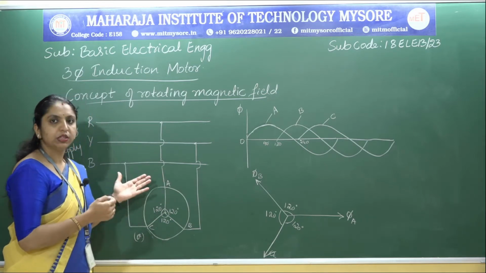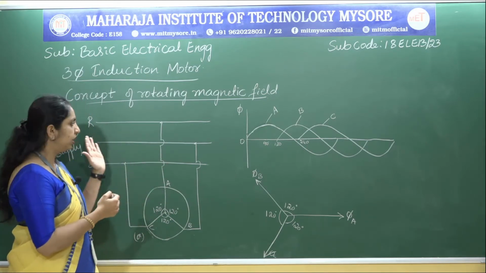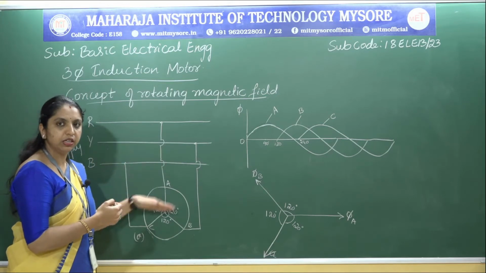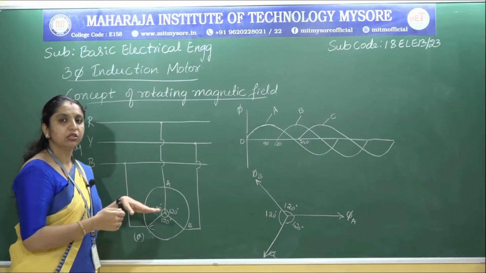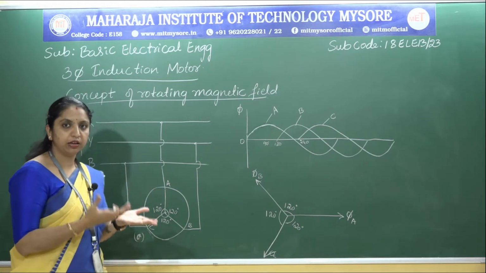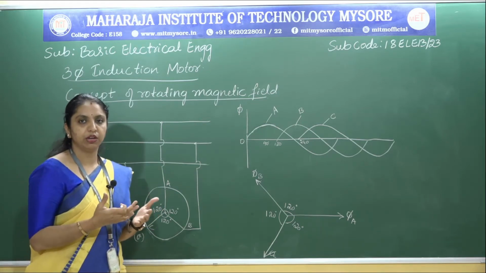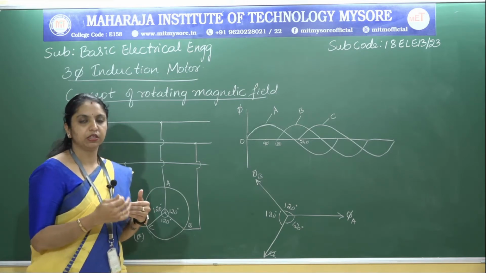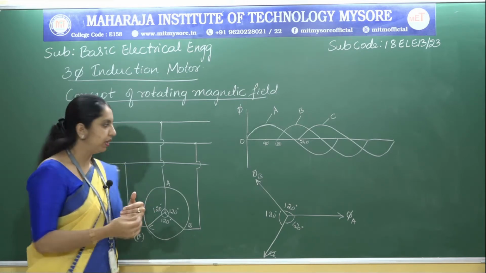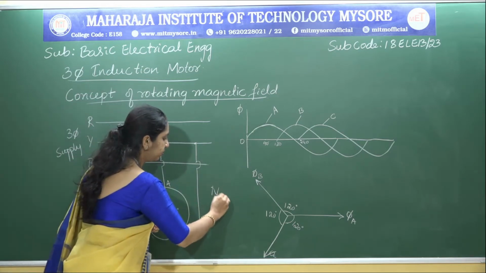When three-phase supply is provided to the three windings in a stator, we can have a rotating magnetic field with a constant magnitude, rotating at synchronous speed, that is Ns.